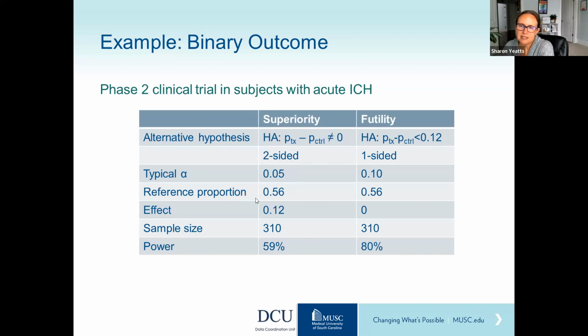And if my data suggest that 56% of the control group is going to have a good outcome, and I want to detect a 12% effect size with 310 patients, I only have 59% power. Now, some of you might be saying 310 patients for a phase 2 is kind of a lot. Maybe it is kind of a lot, but it still doesn't give me very good power to detect this effect size, which is pretty large actually for the stroke literature.